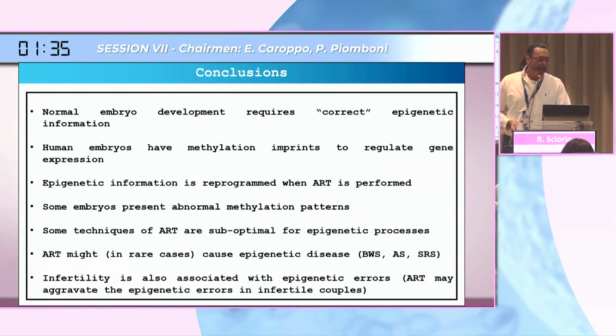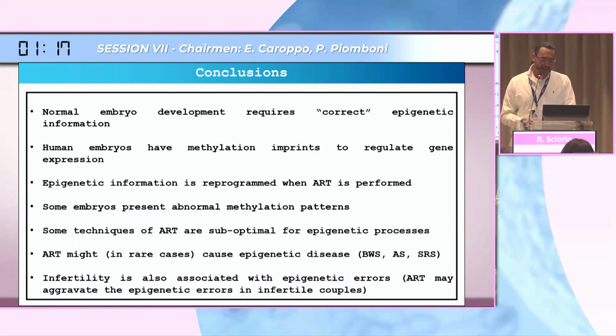So basically, in conclusion, and I hope to be on time, normal embryo development requires correct epigenetic information, and imprinting and methylation can regulate gene expression.